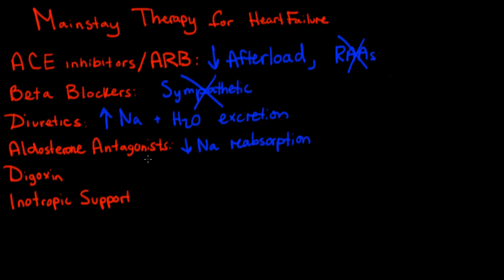Digoxin acts through inhibition of the sodium-potassium ATPase, specifically on cardiac muscle cells, to increase calcium, which will then increase contractility, which we've talked about previously, and this is also known as inotropy.